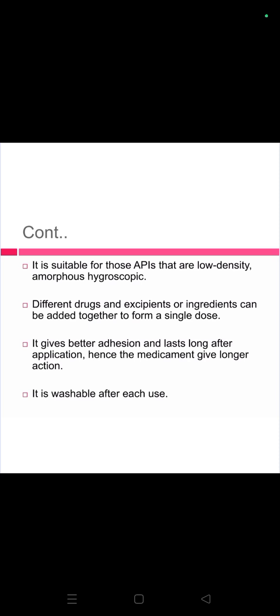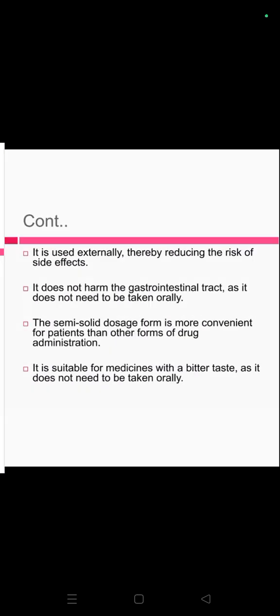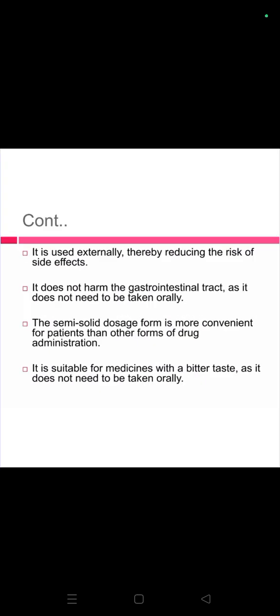Different drugs and excipients or ingredients can be added together to form a single dose. It gives better adhesion and lasts long after application. Hence, the medicament gives longer action. It is washable after each use. It is used externally, thereby reducing the risk of side effects.